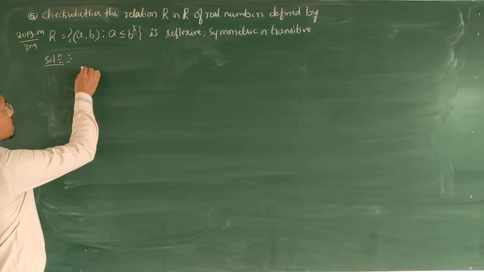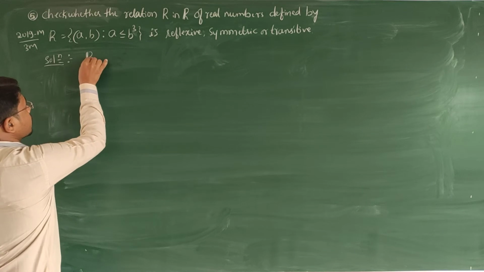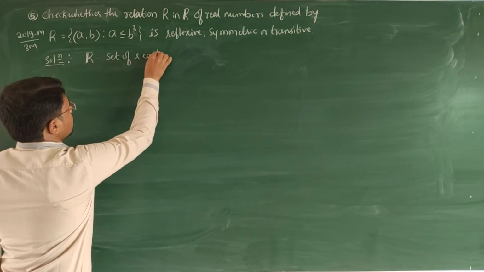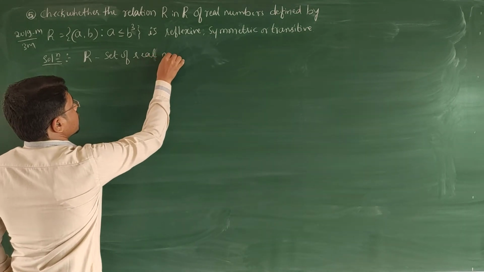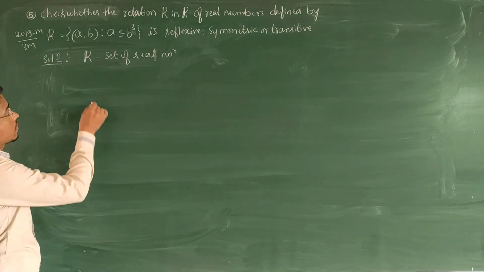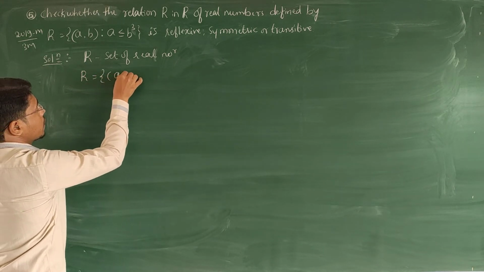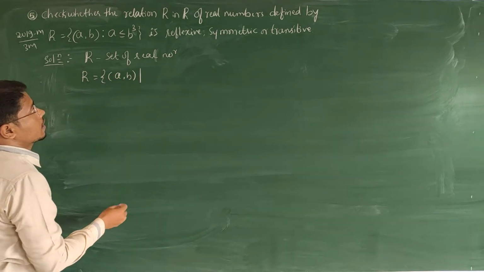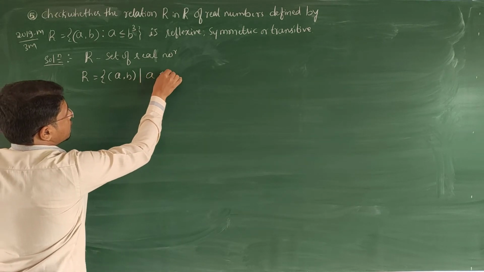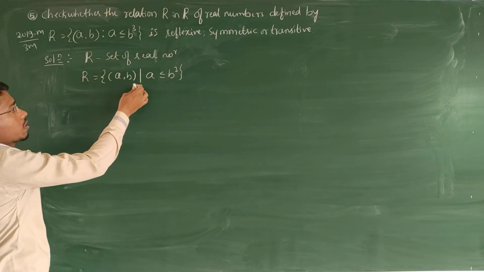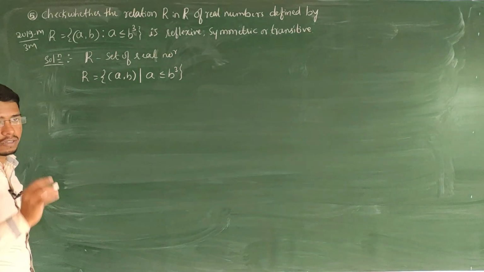Let us consider R is the set of real numbers. Then the relation R is the ordered pair (a, b) such that a is less than or equal to b cube. We can denote this by the symbol like this also.